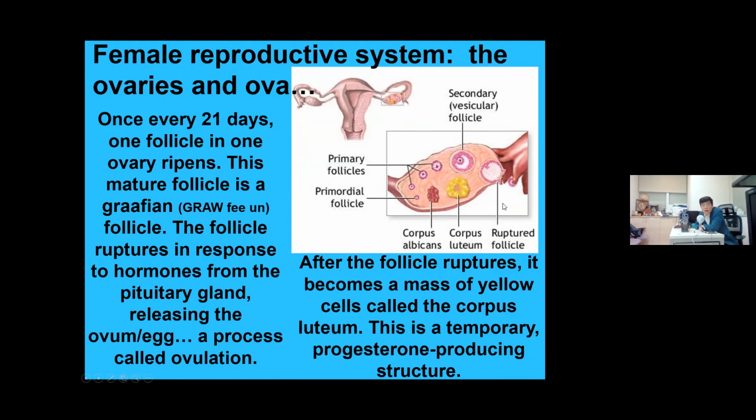After ovulation, the ovum goes to the fallopian tube. Then the ruptured follicle becomes a corpus luteum. This corpus luteum produces the hormone progesterone. The progesterone maintains endometrial stability. And then it goes on to atrophy and becomes a corpus albicans.